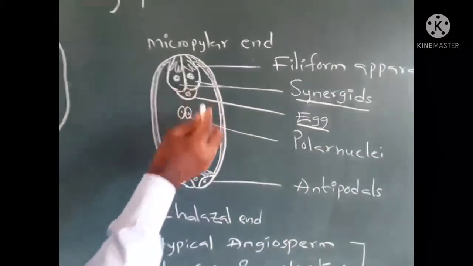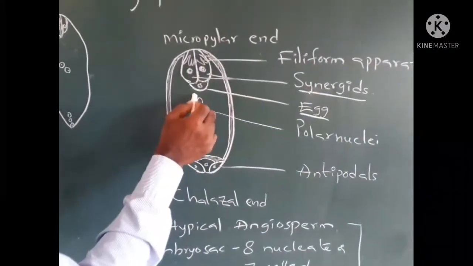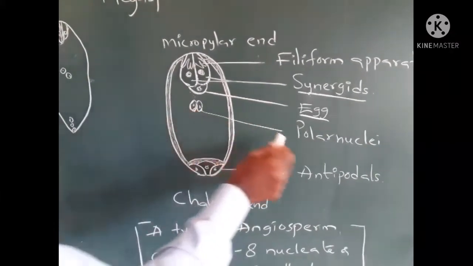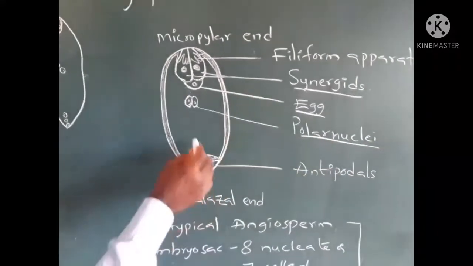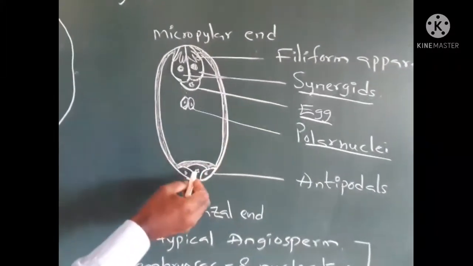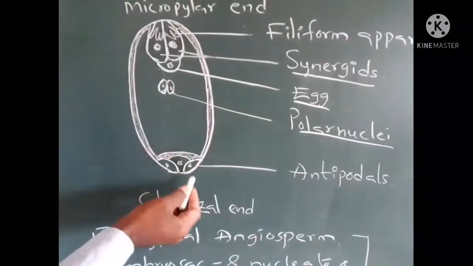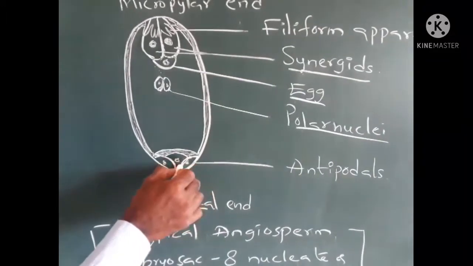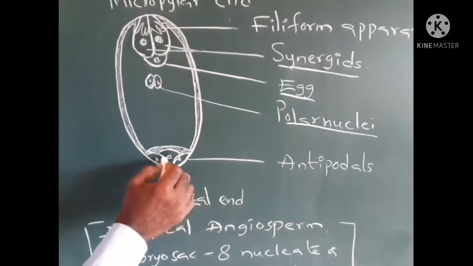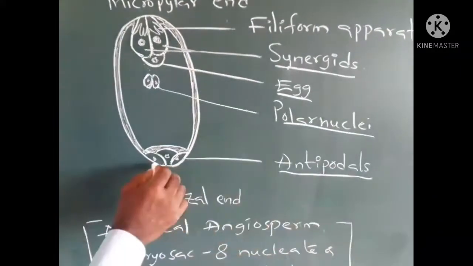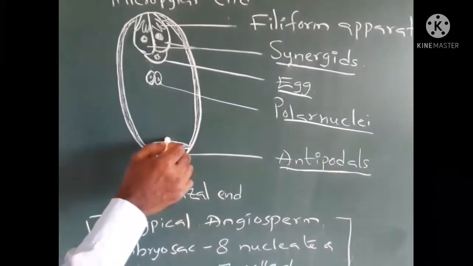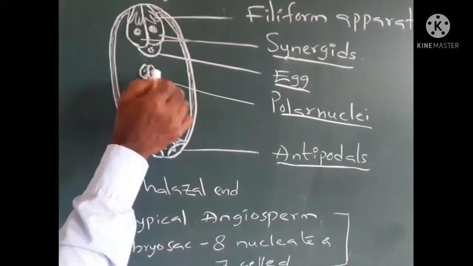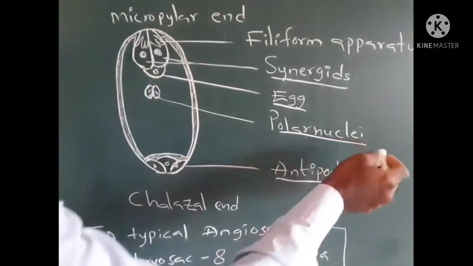The fourth nucleus goes to the center of the embryo sac and is called the polar nucleus. At the chalazal end, out of the four nuclei, three undergo cell wall formation and form three antipodal cells, and the fourth goes to the central cell and is considered a polar nucleus.